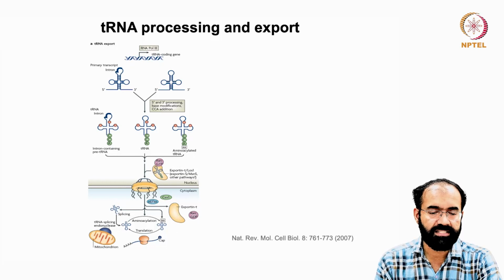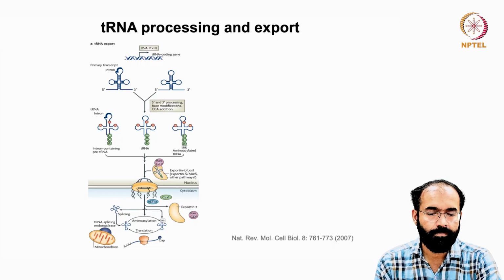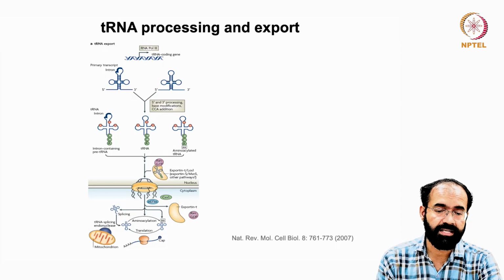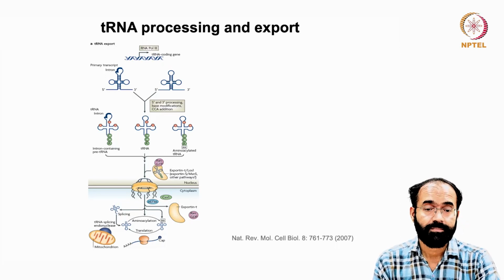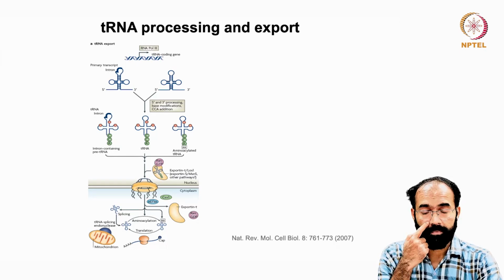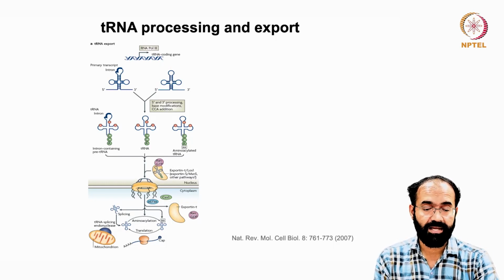Now in the nucleus you can have three species. One is tRNA with intron, that is immature, and it can have the CCA already, or properly processed tRNA, and you can also have aminoacylated tRNA. So all these three have to find their way out.